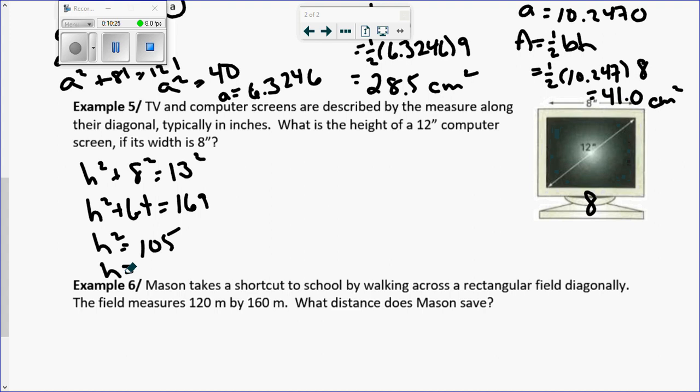Oh, except that's 12. I'm reading the wrong one. Sorry, guys. I was humming along so quickly, too. That makes that 80. Square root of 80 is 8.9 inches. So it's 8.9 inches high.